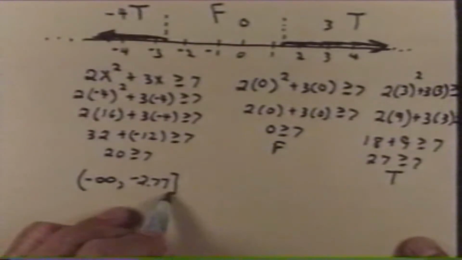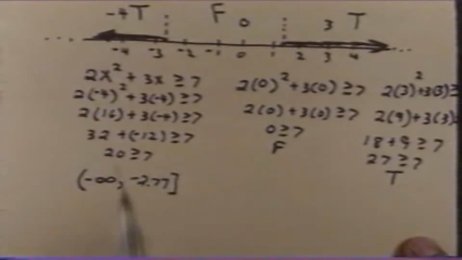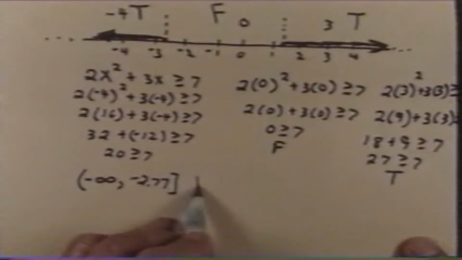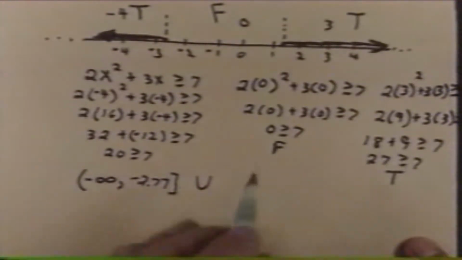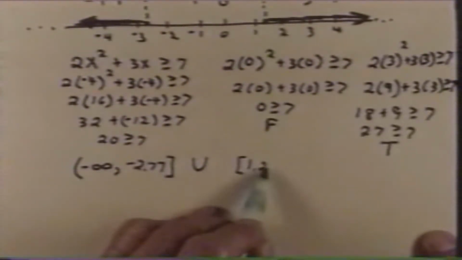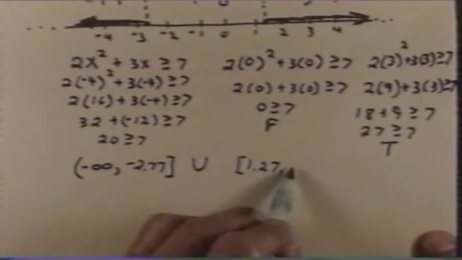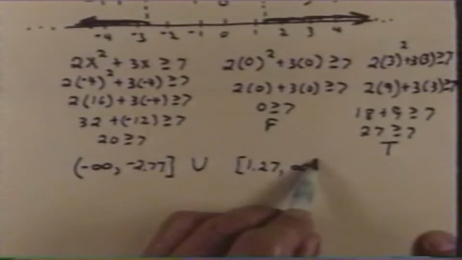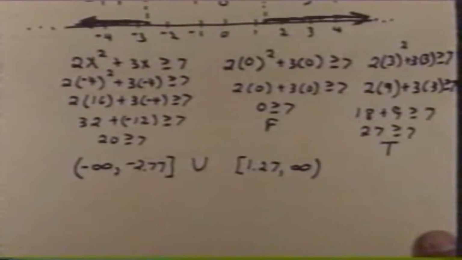And it had inclusion. Now when I have 2 regions, I use union. I'll start back at 1.27 and it goes forever in the positive direction.